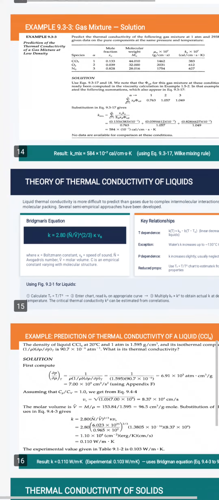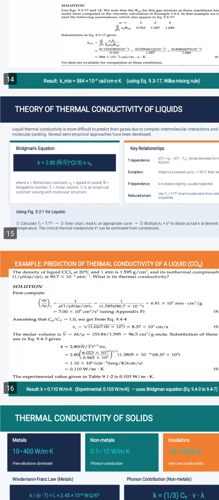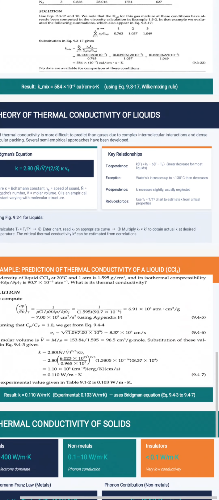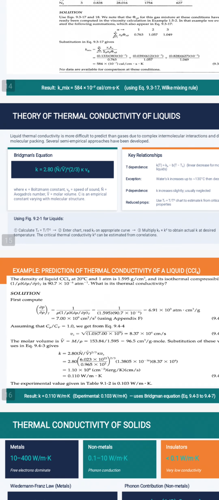Next is the theory of thermal conductivity of liquids. Liquid thermal conductivity is more difficult to predict than for gases due to complex intermolecular interactions and dense molecular packing. Several semi-empirical approaches have been developed, a few of which we'll be seeing here.